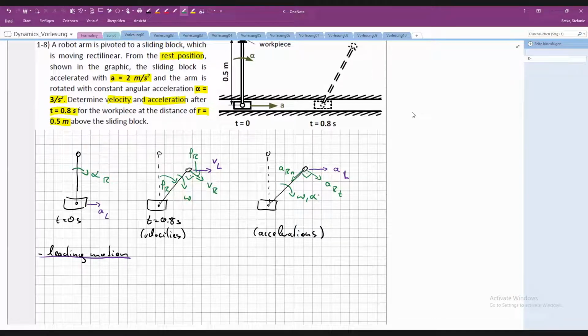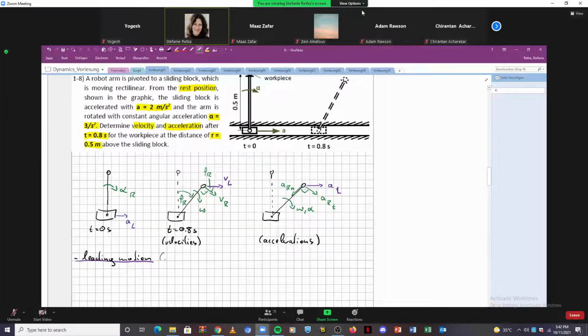Okay. To compute the values of the leading motion, we are freezing the relative motion, meaning that we assume that there is only the leading motion. So our block moves, including the arm, rectilinearly, and we reach this dotted position.